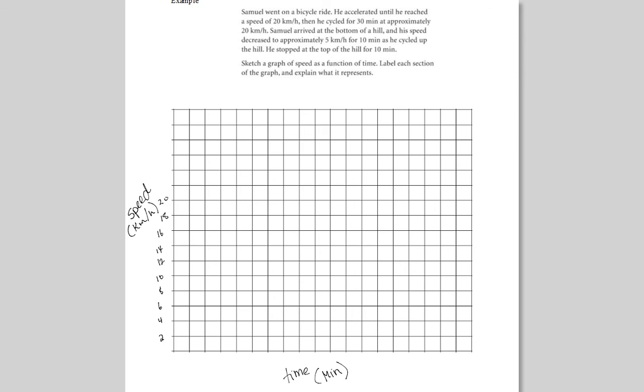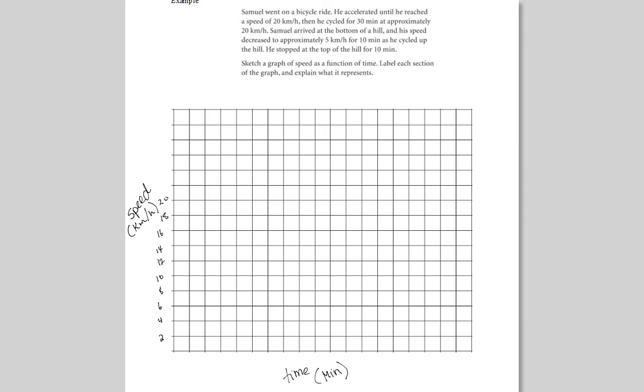I guess the idea is you want to fill the graph. You want to fill as much as possible. You don't want to have your graph just in the bottom little corner there. And then how much time? We've got 30 minutes and then another 10 minutes and then another 10 minutes. So we got to get to at least 50 minutes.